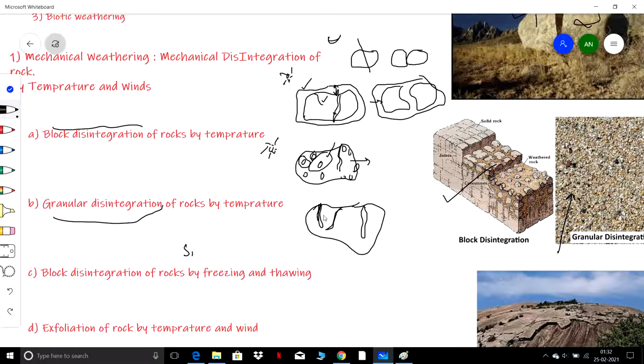During the daytime, the ice thaws and becomes water. Hence, there is an increase in volume, due to which these cracks expand. Over a period of time the rock disintegrates into two blocks, hence block disintegration by freezing and thawing. It happens in mid-latitudinal, polar, or subpolar regions.